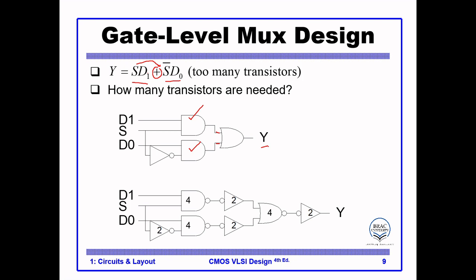We also saw in our previous slides that we need 4 transistors to build a NAND gate or a NOR gate, and we need 2 transistors for a NOT gate.